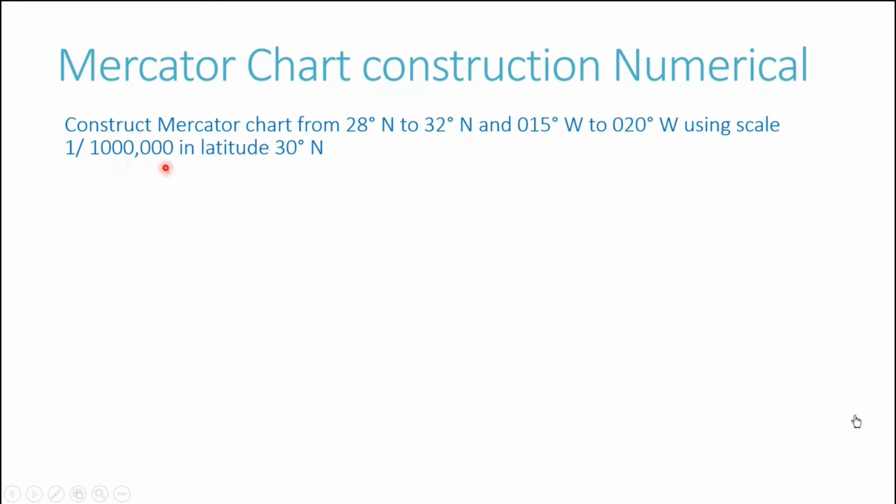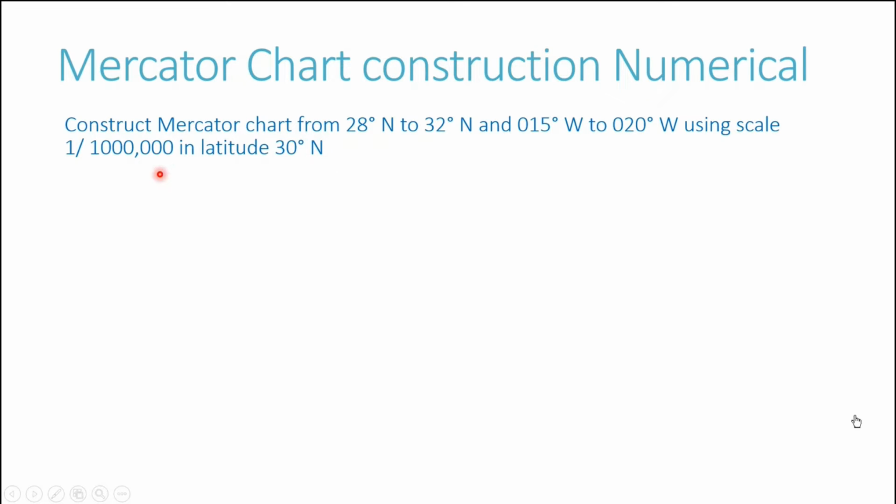Now, whenever the scale of the chart is given to us, it will always be based on a reference latitude, because as we just now saw, 1 minute of latitude keeps on changing as we go away from the equator. So whenever scale is given, it is referenced to a particular latitude, like in this question, it is referenced to 30 degrees north.